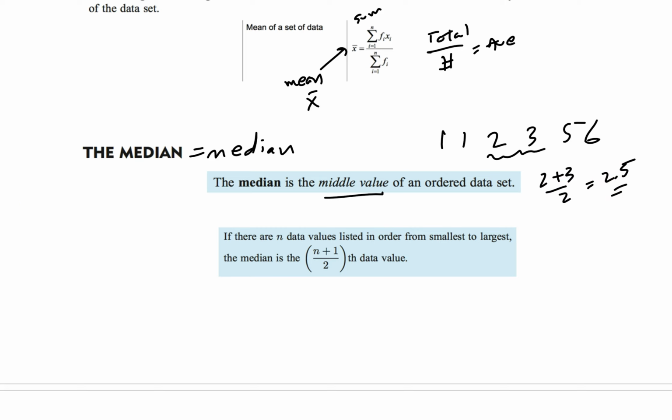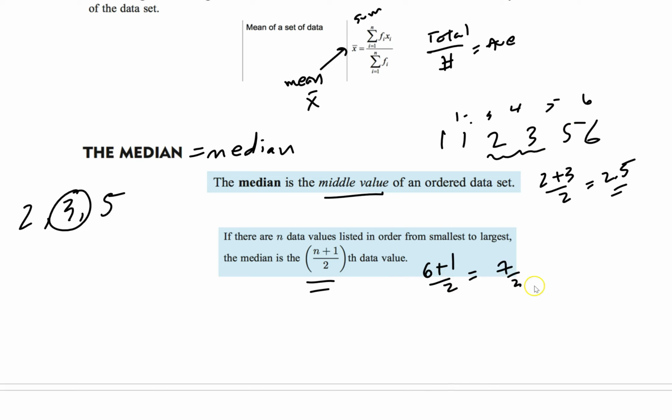If I have an odd number set, like 2, 3, 5, the median will just be 3, the middle number. Now when the data gets longer, we can use this formula, n plus 1 over 2. All that means is that's not the answer, but that's the term. So over here we had 6 numbers, so it'll be 6 plus 1 over 2, so 7 over 2, so that's the 3.5th term, which is in between 3 and 4.